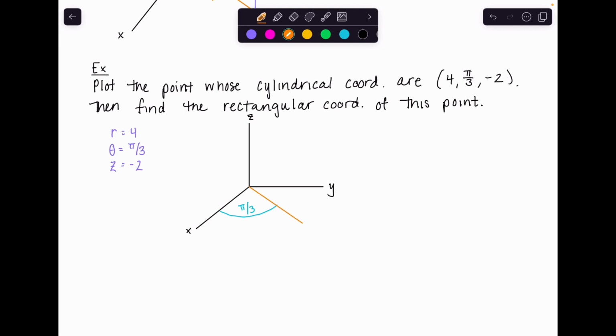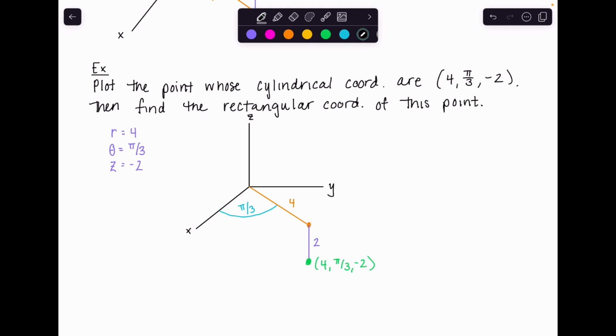And again, I'm kind of guesstimating. Let's say this is a distance of 4. And that would lead you to this point here. And now my z distance is 2, but it's negative. So this means I'm going to drop this down 2. Okay. So our point ends up all the way down here. This is (4, pi over 3, negative 2).